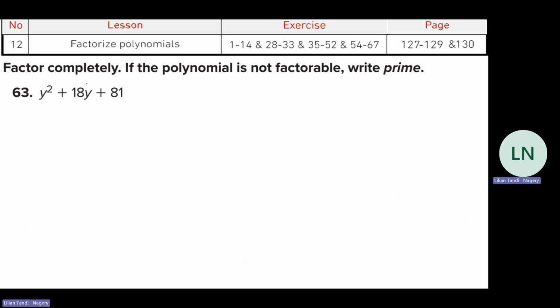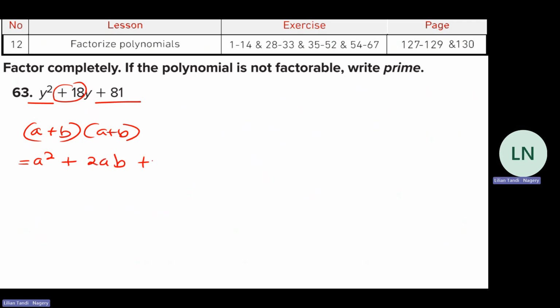I used my rule. This is a perfect square, this is a perfect square, and this is a plus. So this is A plus B squared, which will give me A squared plus 2AB plus B squared.